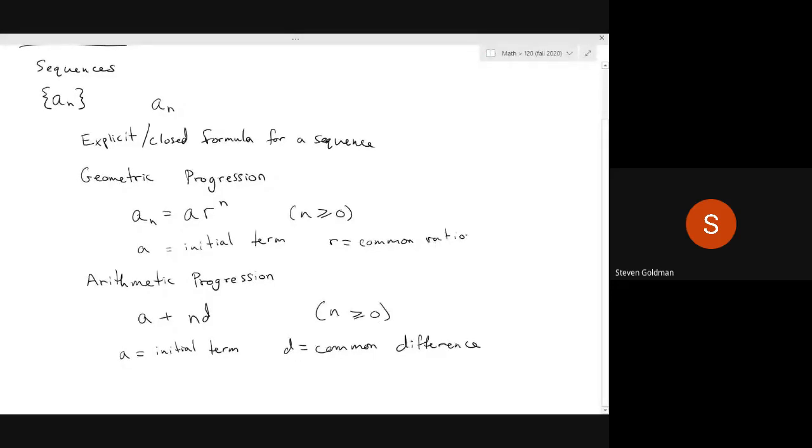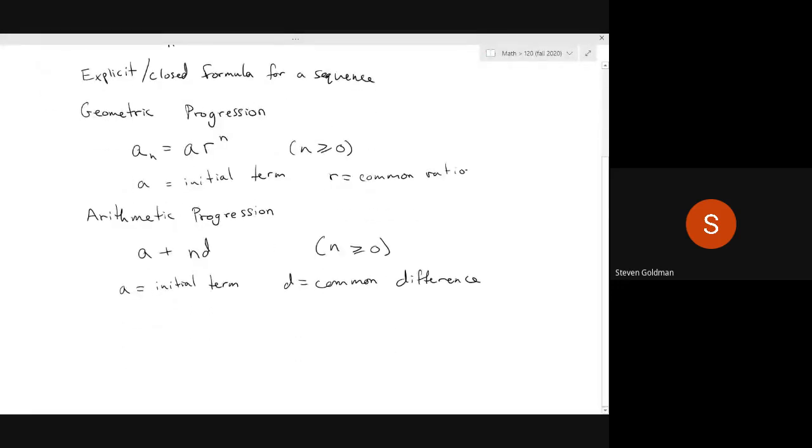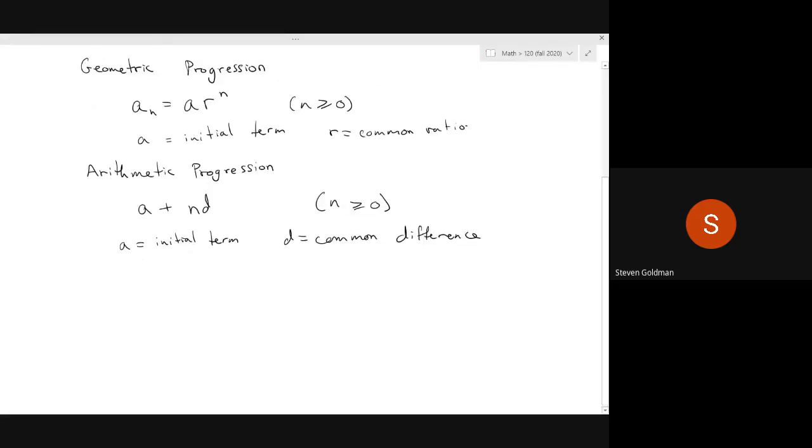Here again, we start with an initial term A, and to get to the next term, we just add d. Then to get the next one, we add d again, and we keep adding d to get all the terms of the sequence. So those were two special types of sequences.